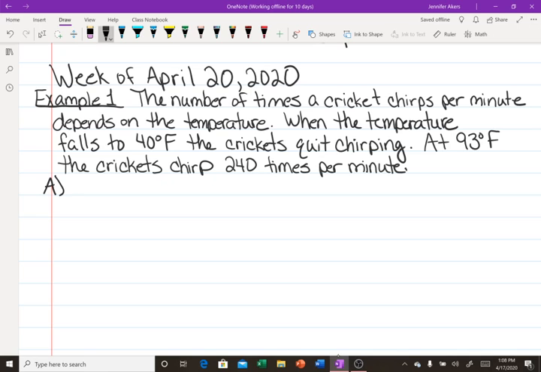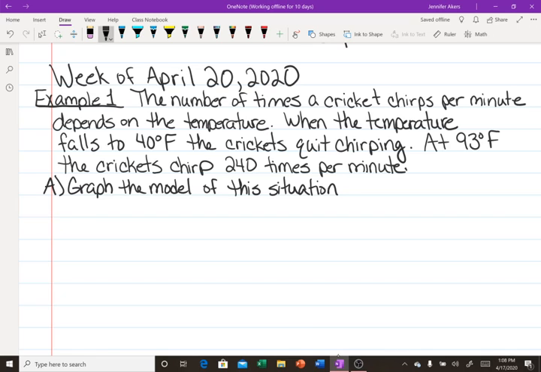Part A, graph the model of this situation. So when we look at this, we have two ordered pairs.